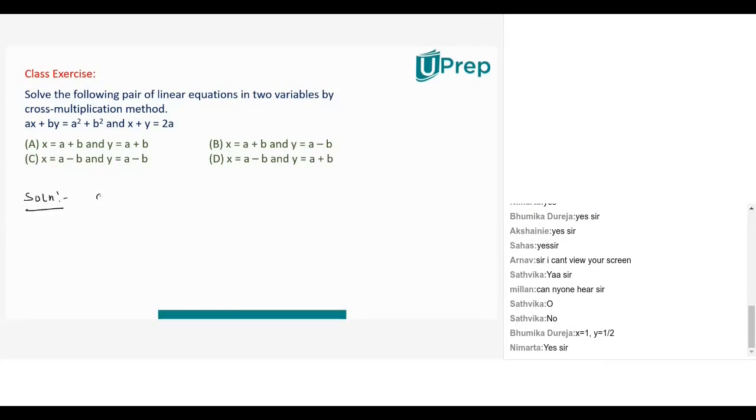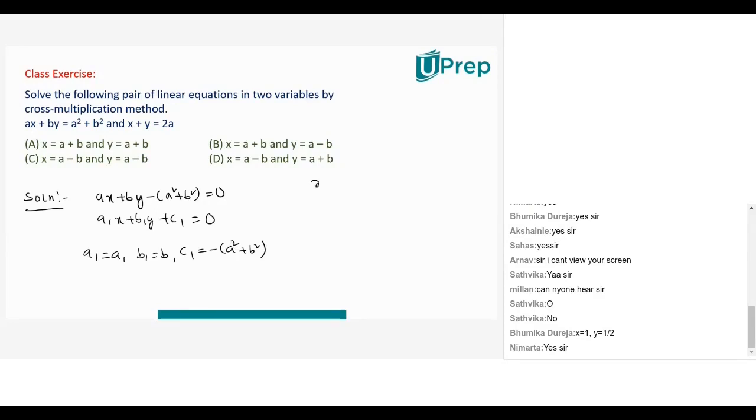Here you have ax plus by minus of a square plus b square. The entire term will be minus. So you have to compare this with a1x plus b1y plus c1 equals 0. So here a1 is a, b1 is b, the c1 is minus of a square plus b square.